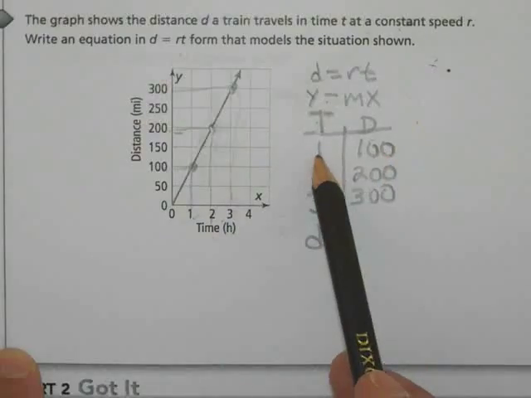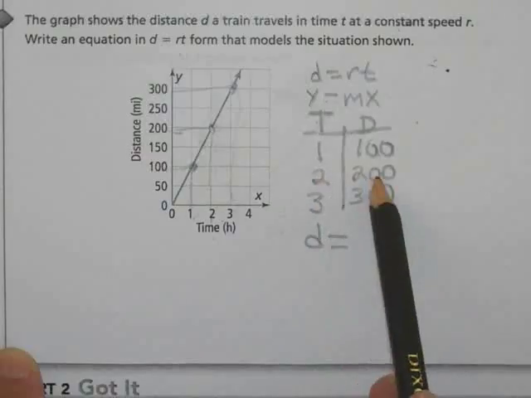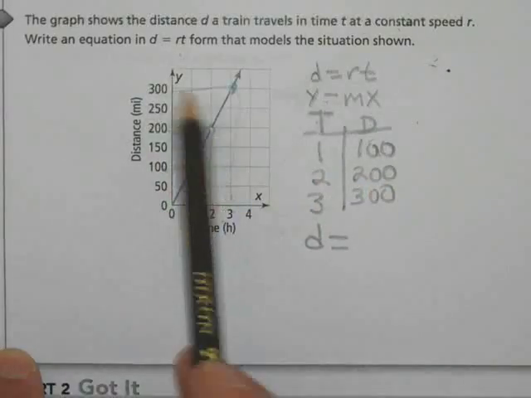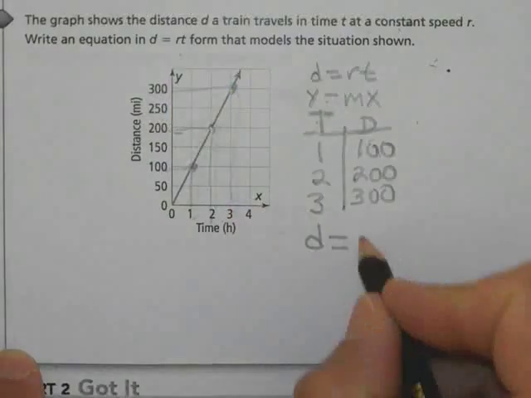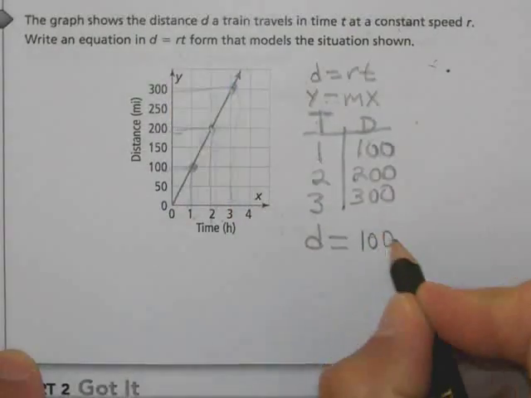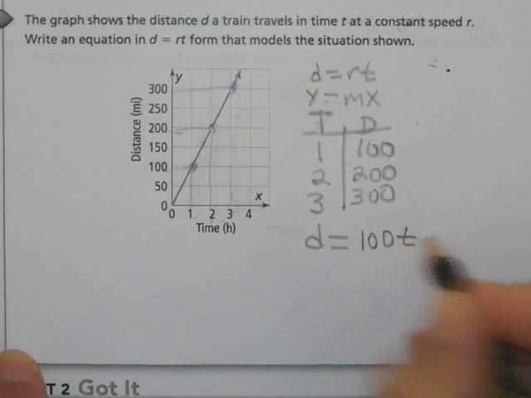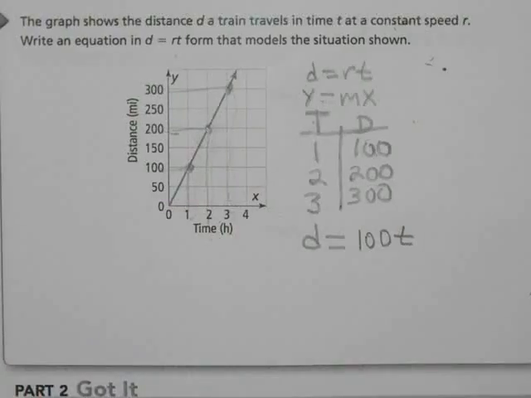If I multiply 100 by 1, that gives me 100. If I multiply 100 by 2, that gives me 200. And that, as you can see, is what is going on with this line. So distance is equal to 100t. In other words, for any number of hours, if I multiply it by 100, that will tell me my distance.